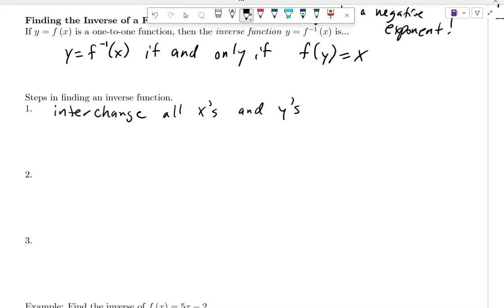Now, the good news is there's only going to be one y ever. Every x becomes a y, and y becomes an x. And then we're going to solve for y. That's the next step. And then we just write that y equals f inverse of x. So we're done.